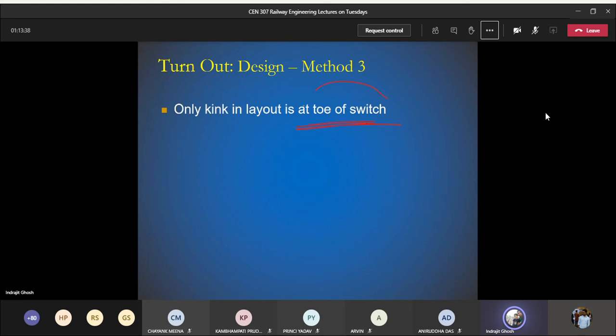The toe of the switch is still remaining because the tongue rail that we use, the tapered rail, is still a straight rail. If we use a curved rail, the problem is that it cannot be used for both right hand turnout and left hand turnout. So though we have manufacturing advancement, we still could not get rid of the toe of the switch.